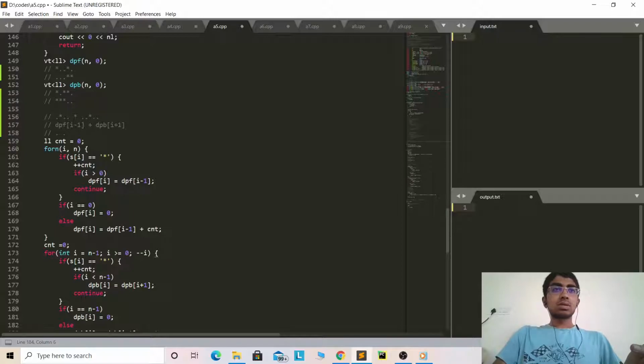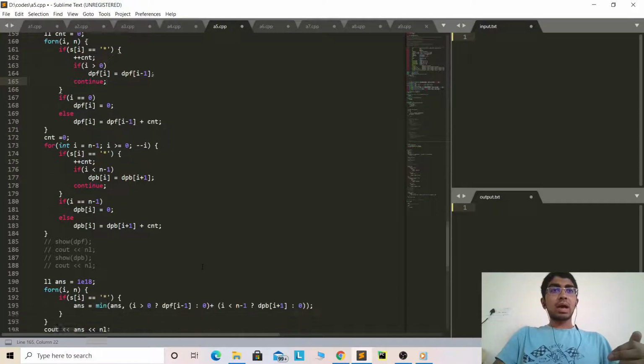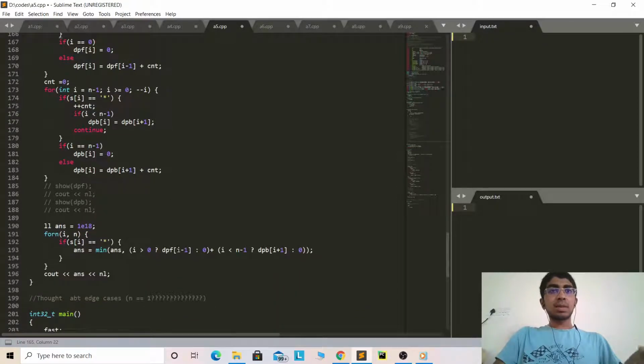So DP of I would be the cost at position I minus 1 plus the current number of stars which are processed. If we meet a star, we increase the count of stars. That is how we do it for both backward and forward, and we update the answer based on DP I minus 1 and DP I plus 1.